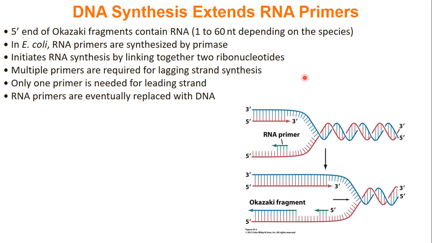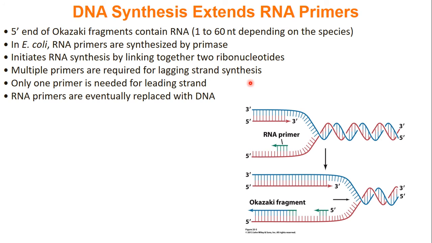Now, the 5' ends of all Okazaki fragments are RNA because a polymerase needs a primer, an RNA primer, to start with, and we keep making new and new fragments. And so every time we want to synthesize a new Okazaki fragment, we need a primer there. Depending on the species, these primers can range from anywhere from 1 to 60 nucleotides. The enzyme that takes care of making these RNA primers in E. coli is called primase, which is a nicely named enzyme, tells you exactly what it does.